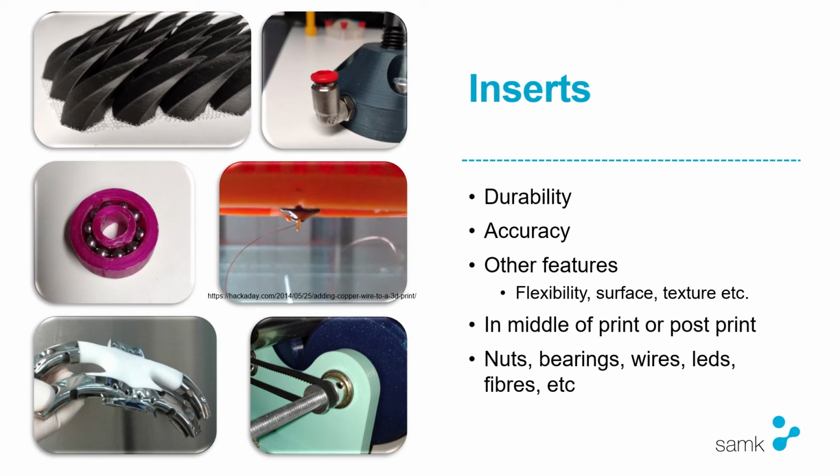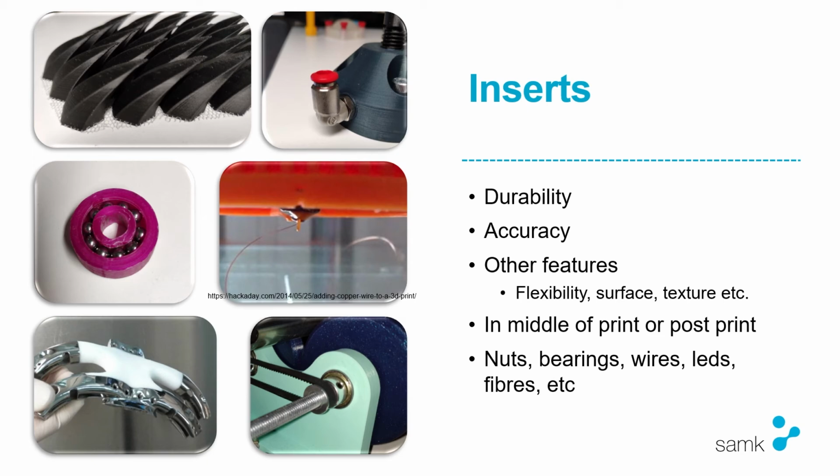And on the right, there's a robotic gripper where you could use the inserts in the middle of the print or post print. You could use a little hex nut there that can then be tightened to the other part. So this offers flexibility on different types of surfaces or textures, adding nuts, bearings, wires, so electronics can be used there, or carbon fibers or LEDs or anything.